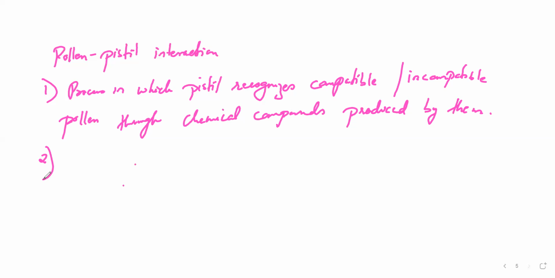But if it rejects, obviously it will prevent pollen germination and pollen growth too. That's it. Fine. So whenever the pollen grains germinate on the stigma, at that time they are going to produce the pollen tube.